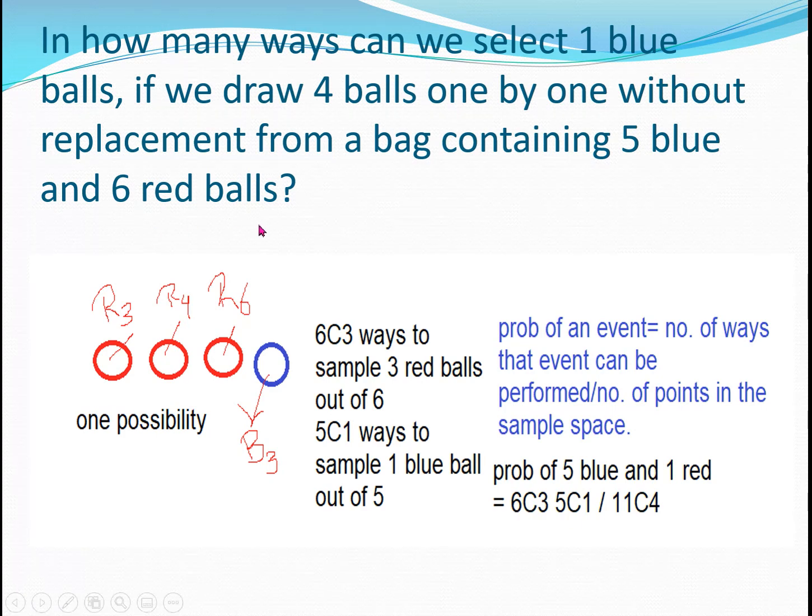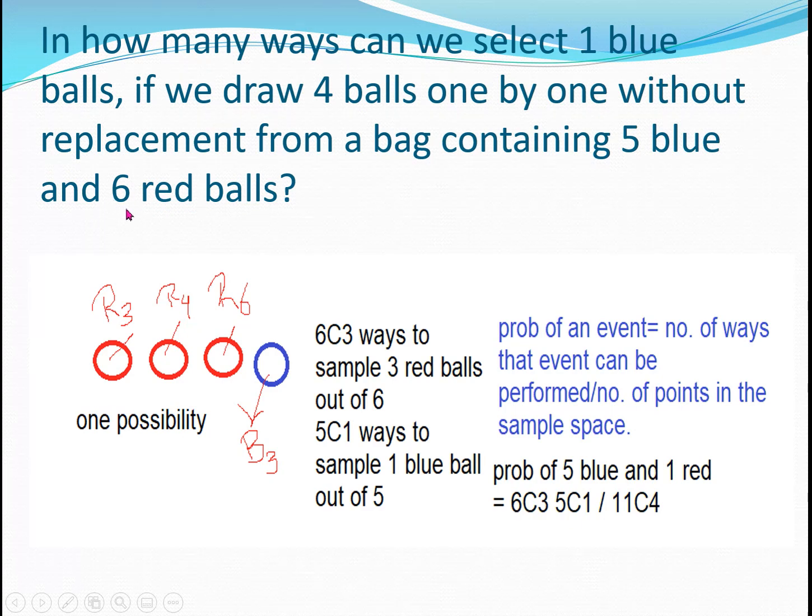You see, we have to select one blue ball, right? And the total balls that we are drawing are 4. So out of these 4, one should be blue. So this is one possibility: that the third red ball is drawn, or the fourth one, or the sixth one, because how many reds are there? 6 reds.